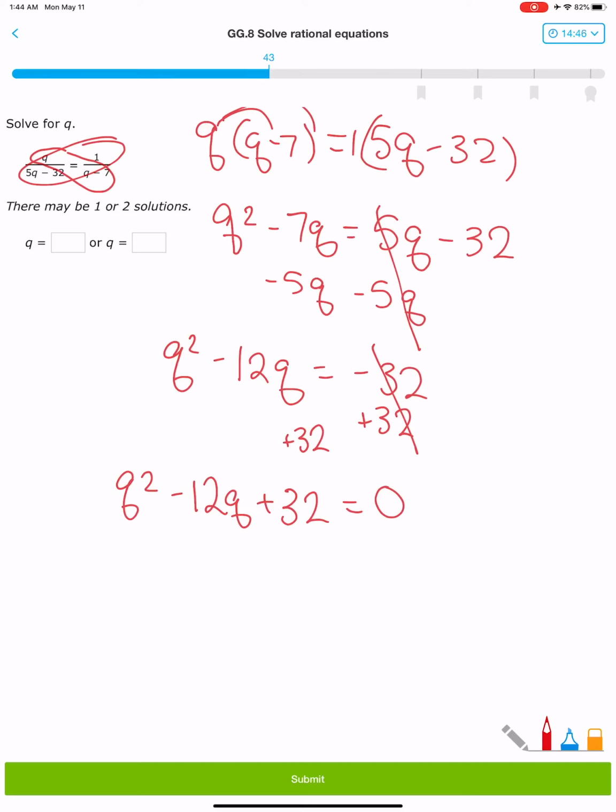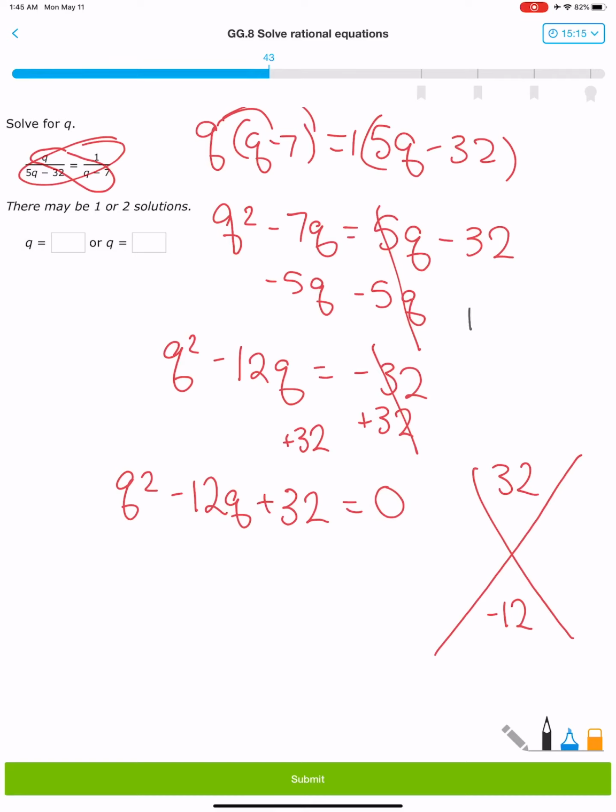Okay. We're going to use our x method again. On the top, we're going to get the 32. So c is going to be on the top, and then we got on the bottom negative 12. Okay? Now what two numbers multiply to give us 32 and add to give us negative 12?